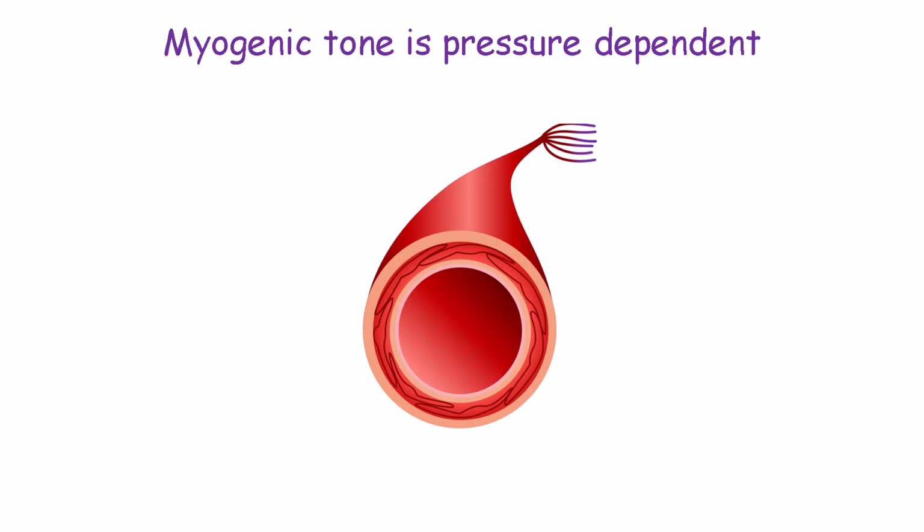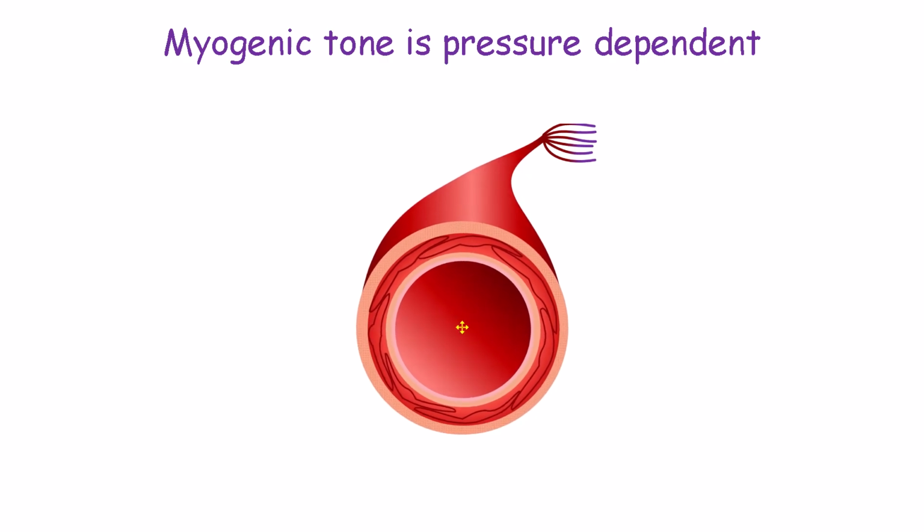You can see myogenic tone develop when you change the pressure at which blood flows through an artery. As blood flows, it exerts pressure on the inner walls. When the pressure increases, the walls are pushed further out, the artery becomes wider, and there is an increase in the flow of blood through it. In small arteries, that effect is short-lived.